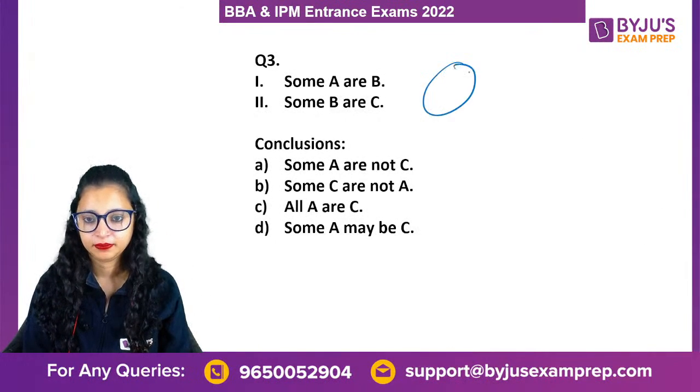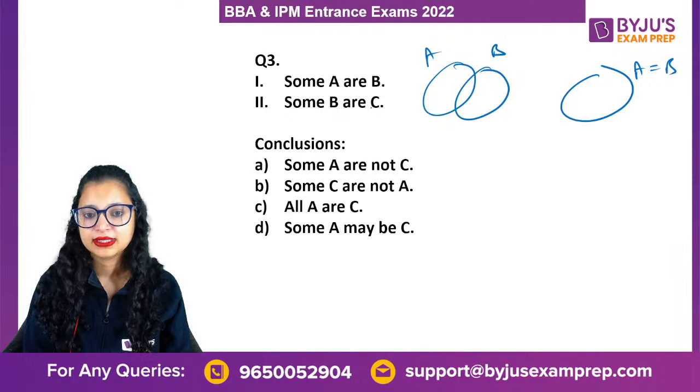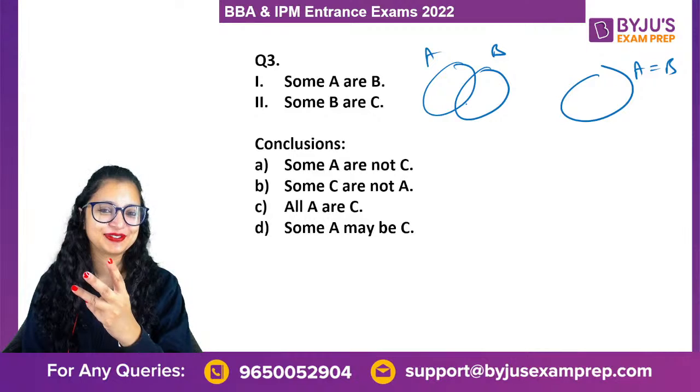Some A are B. Second case, some A are B. Some B are C. Again, there are going to be three possibilities of C.